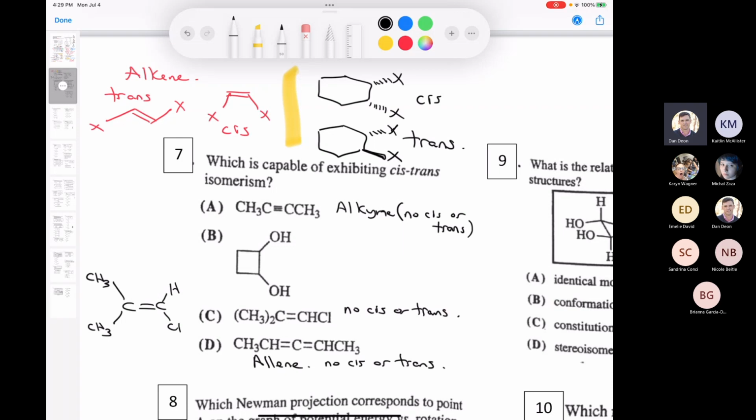However, in B, you could draw this compound with both of the hydroxyls going up like this. They'd be cis. Or you could draw it so that one of the hydroxyls is going up and the other one's going down like that. And that would be trans. So the answer must be B, cis and trans.